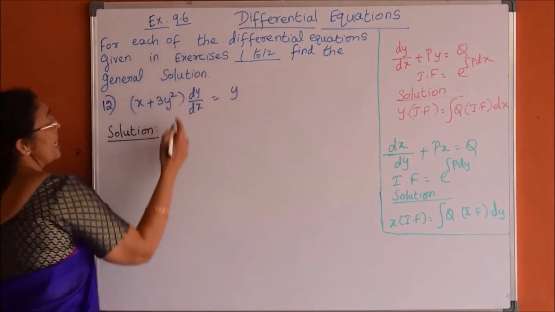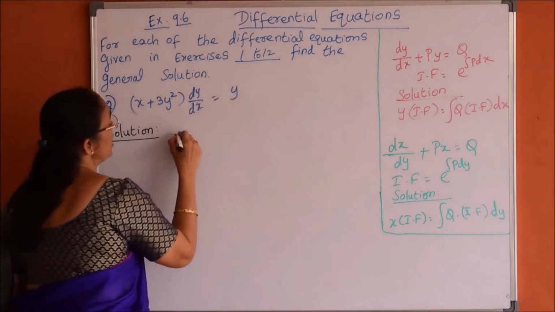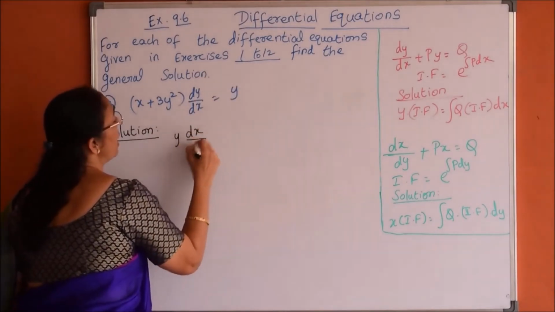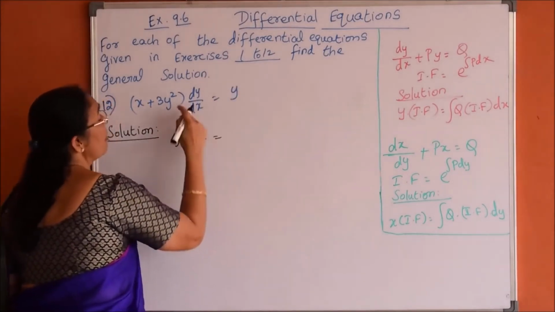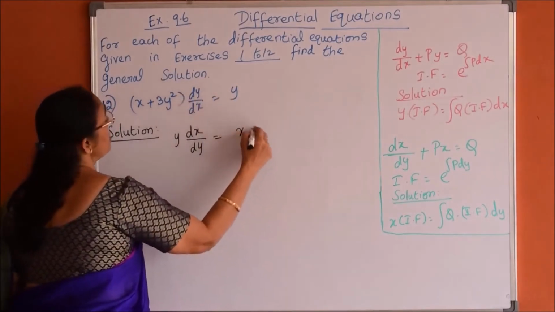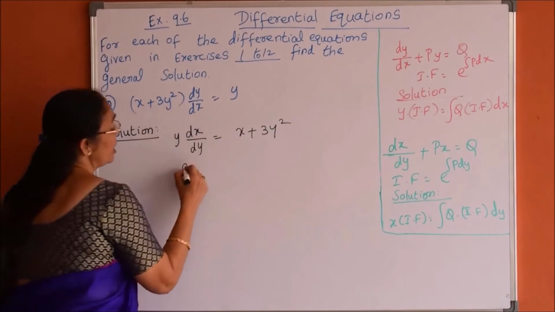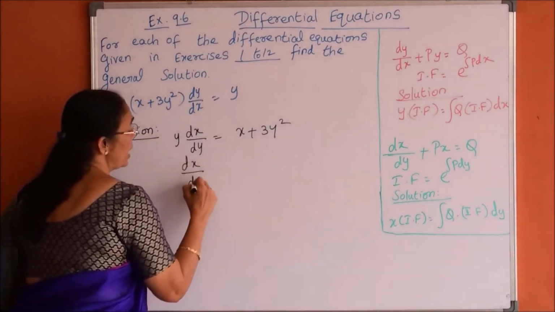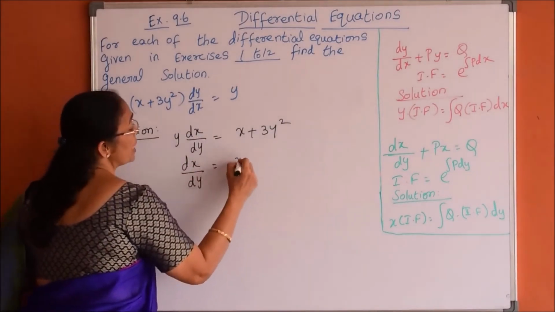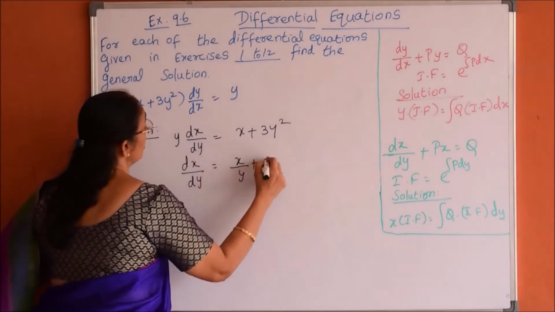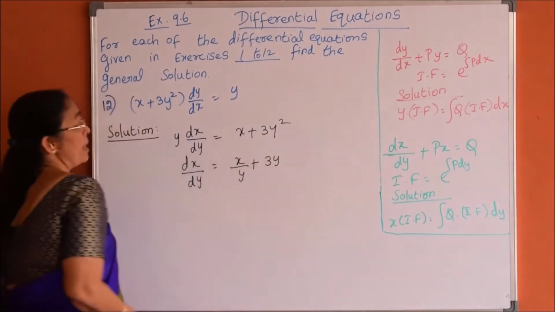So, if I try dx by dy, on cross multiplication, y into dx by dy is equal to x plus 3y square. Now, let us divide throughout by y. We will get dx by dy is equal to x by y plus 3y square by y, 3y.